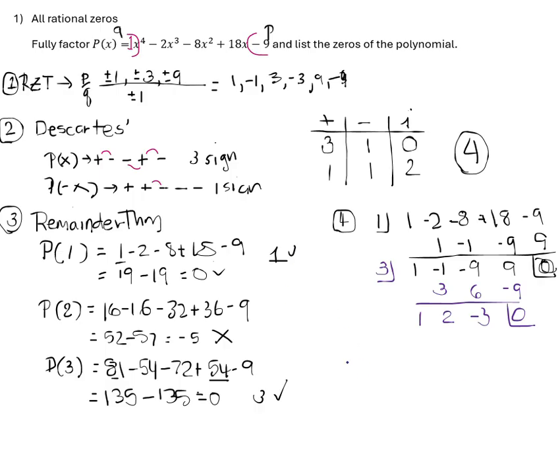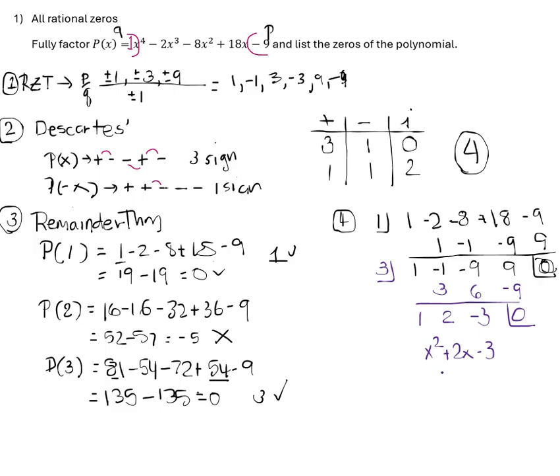At this point, I know that my P of x is x minus 1, x minus 3, and then this 1, 2, and -3 stands for an x squared plus 2x minus 3. You can either use quadratic formula on it, or you can check to see if it's factorable.